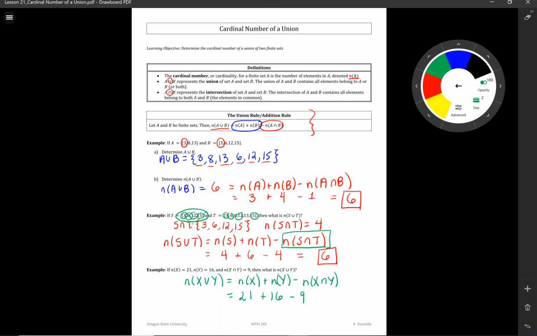So I have 21 plus 16 minus 9, which is 28. As long as I know these three things, how many elements are in each of the sets and their intersection, I can determine the number of elements in their union.